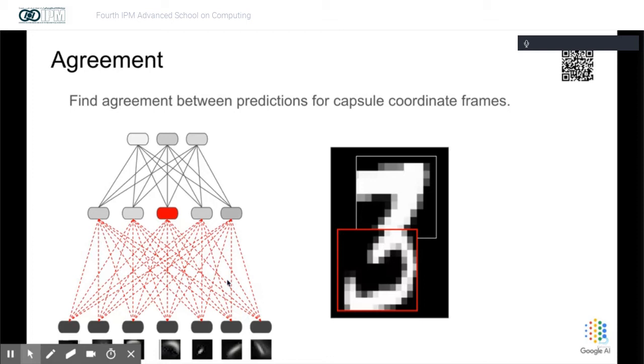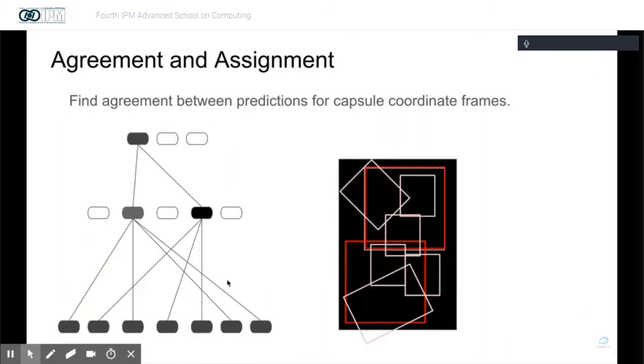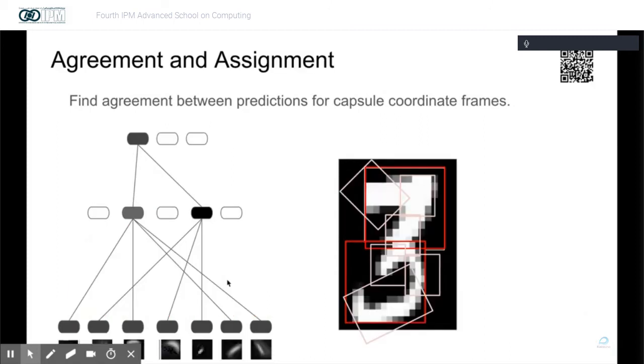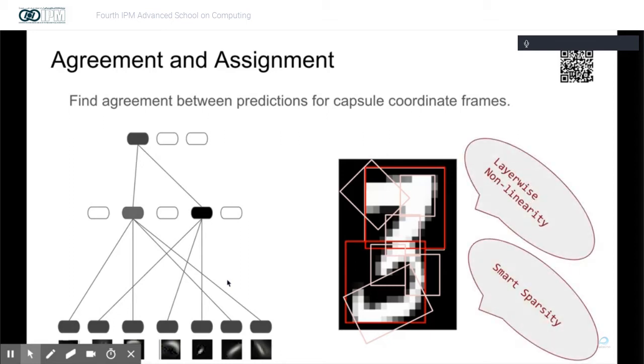This means in order to find an agreement, we need to find a scene parse tree. Given a parse tree for a scene, each capsule will get a parent and it will send its prediction only to its parent. A capsule with no child is turned off, so assigning parents is a layer-wise nonlinearity because parents compete with each other.